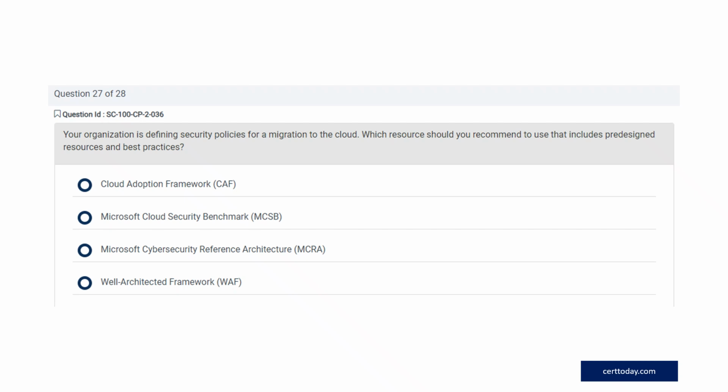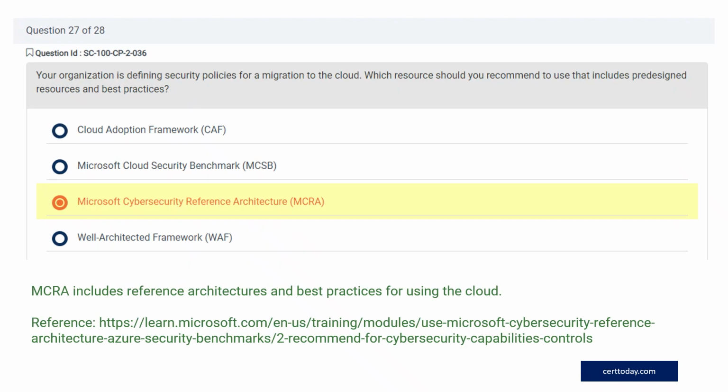C. The Microsoft Cybersecurity Reference Architecture, MCRA. Or D. The Well-Architected Framework, WAF. MCRA, or the Microsoft Cybersecurity Reference Architecture, includes reference architectures and best practices for using the cloud.